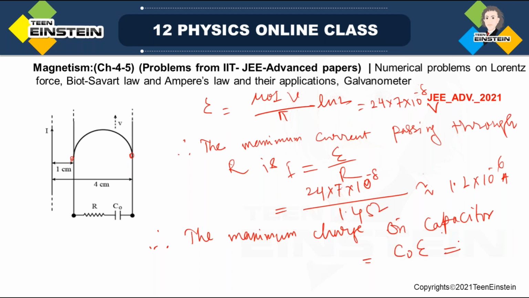So this will be coming around 8.4 into 10 to the minus 12. Okay, so this is farad. Sorry, this is charge, means coulomb. Okay, so this is how you need to solve this first question.